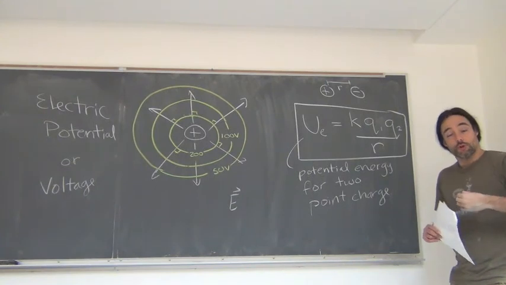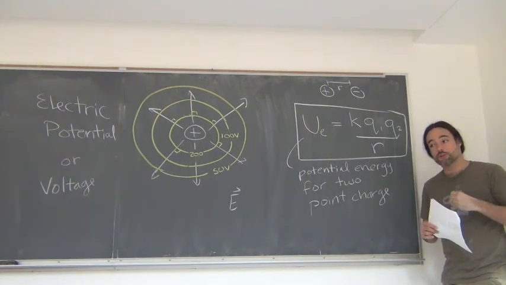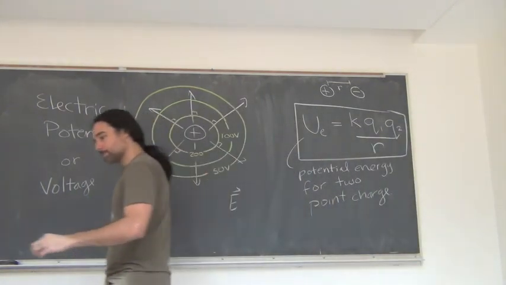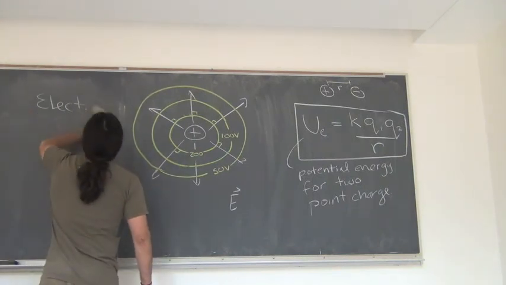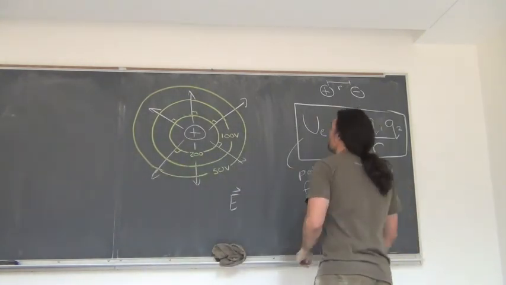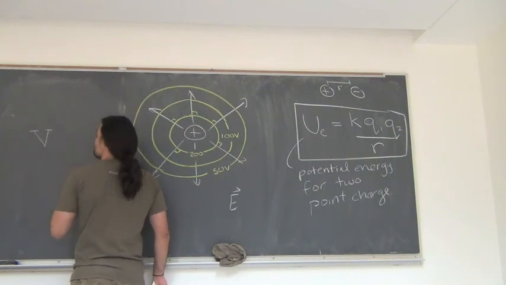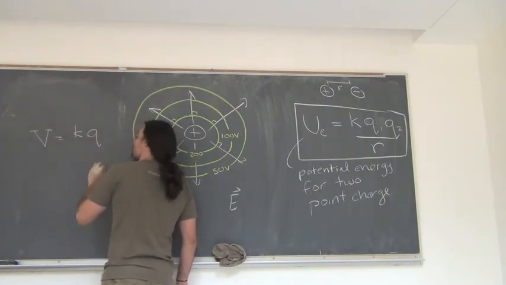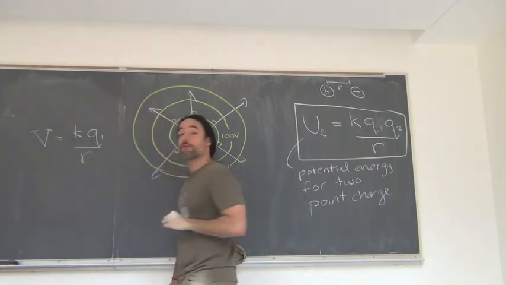Well, the electric potential, or voltage, is the potential energy per unit charge. So what will that look like for point charges? Going back to my original picture over here, that would mean that my potential is going to be k, the charge, we'll call it Q1, divided by the distance away from the charge.